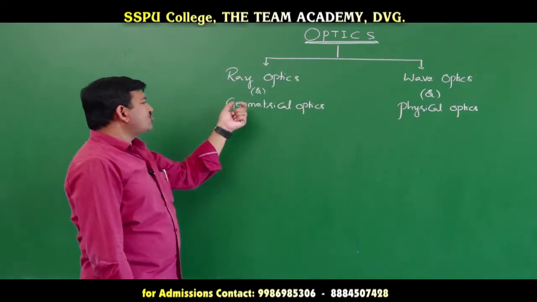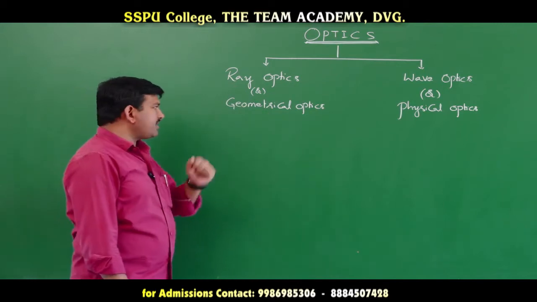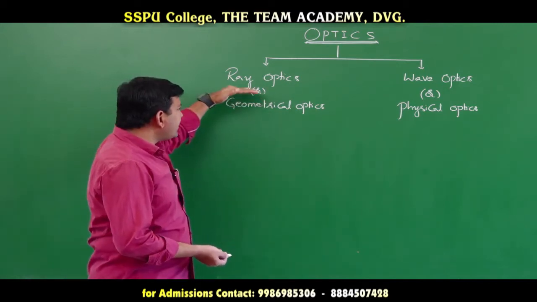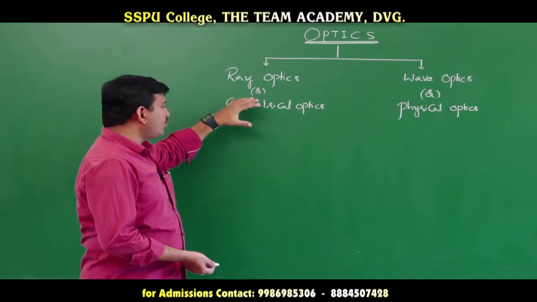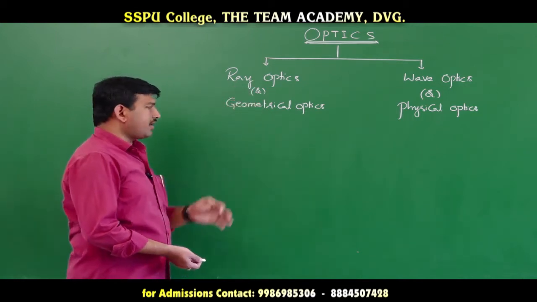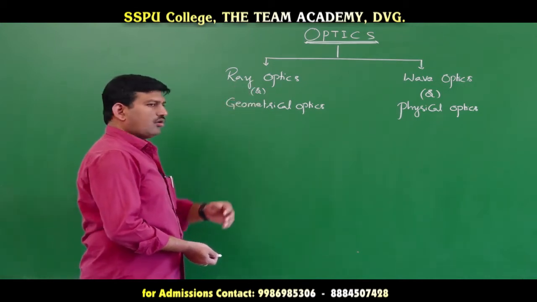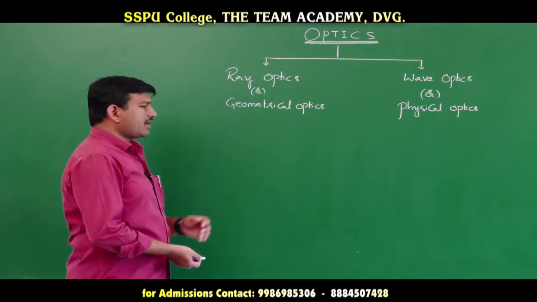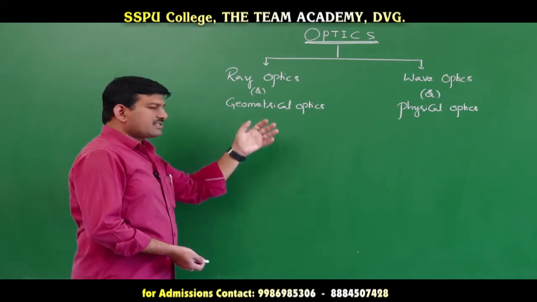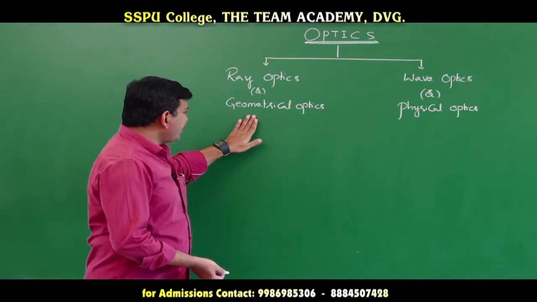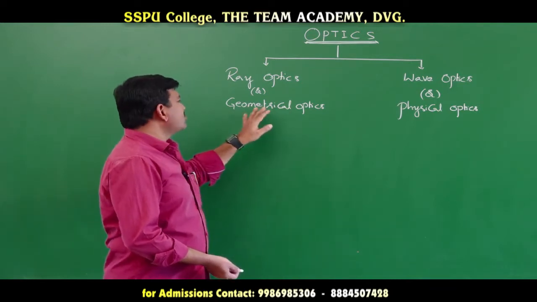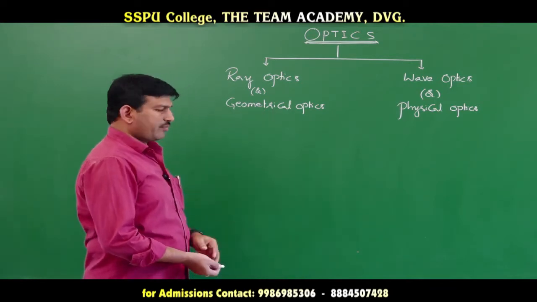Why is it named geometrical optics? In dealing with ray optics we have to consider some basic geometry, such as the properties of triangles, hence the name geometrical optics or ray optics.